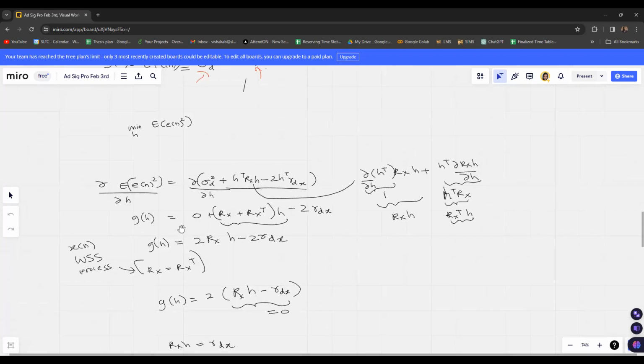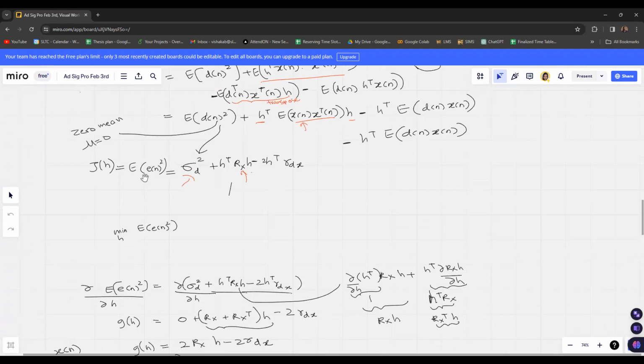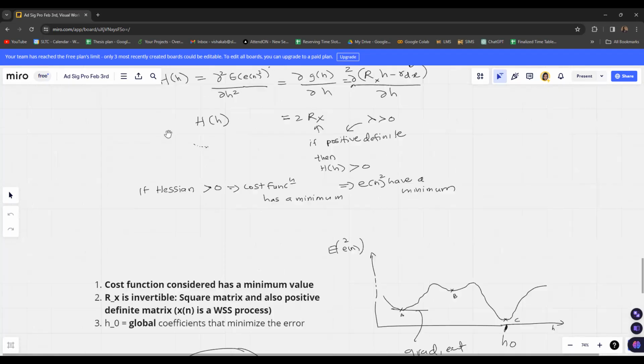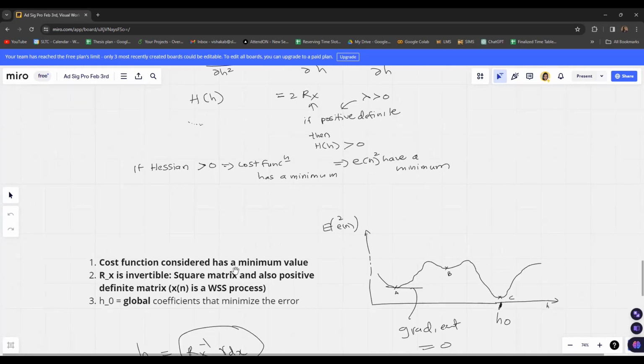This function is what we are trying to minimize. So this is the cost function. If the error increases, the cost value increases. So the cost function is the error function, and we have considered that it has a minimum value.